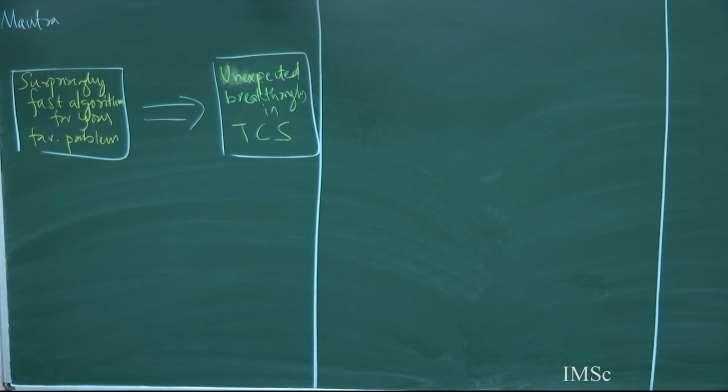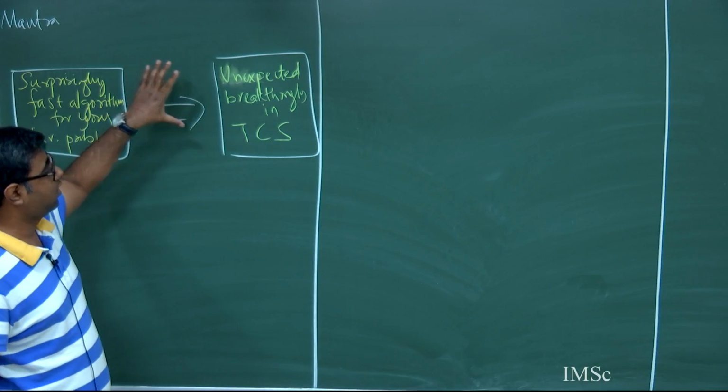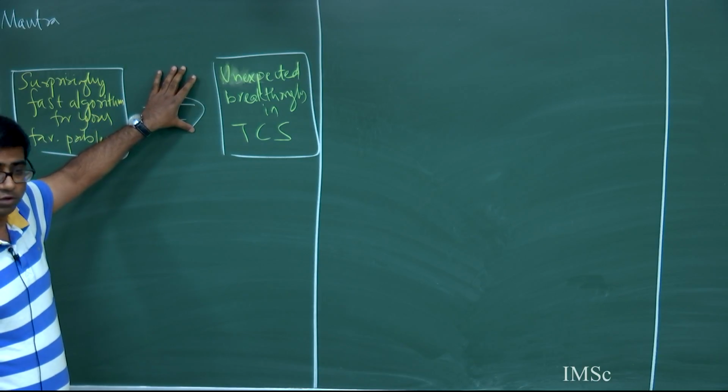So the whole idea of this lecture is how to quantify what we mean by a surprisingly fast algorithm, and what it means to have an unexpected breakthrough in computer science, okay?